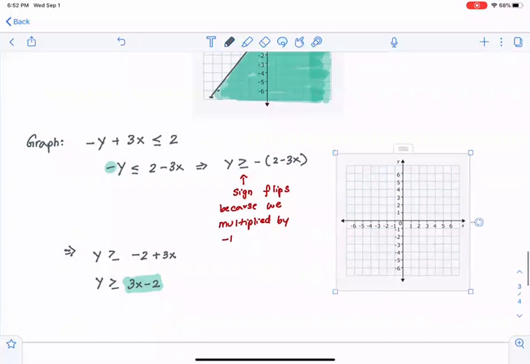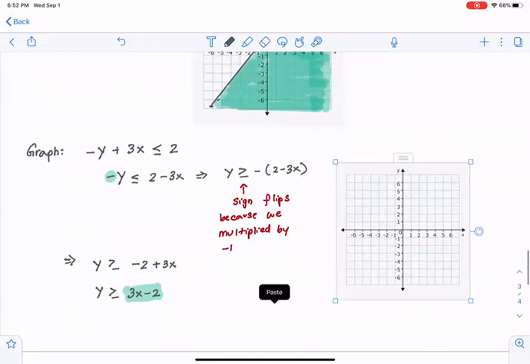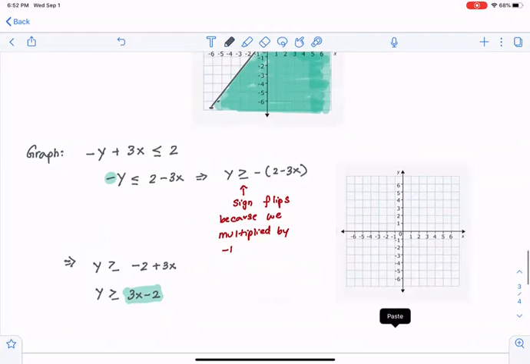We can see it in the slope-intercept form. When I plug in x is equal to 1, I would get 3 minus 2, which would be 1. When I plug in 2, I'll have 6 minus 2, I get 4. And that's my line drawn approximately. It's not very exact.